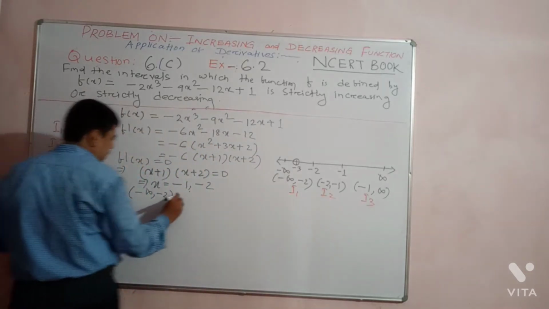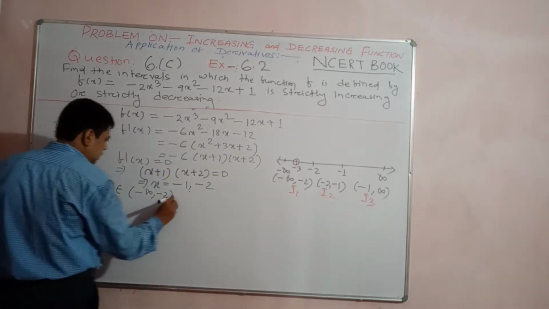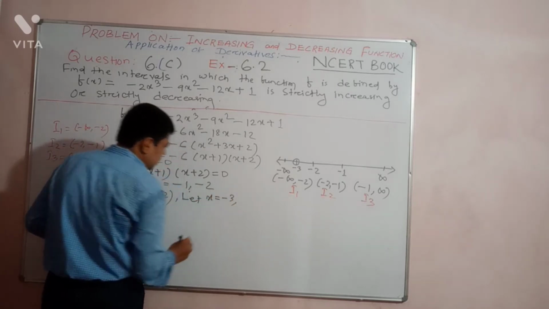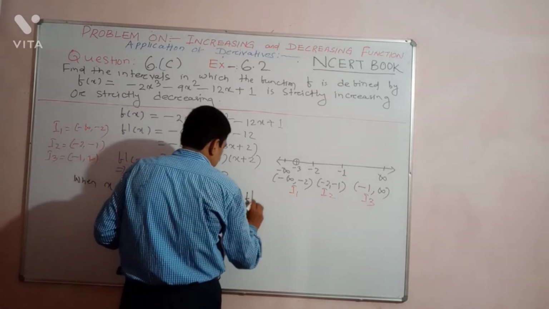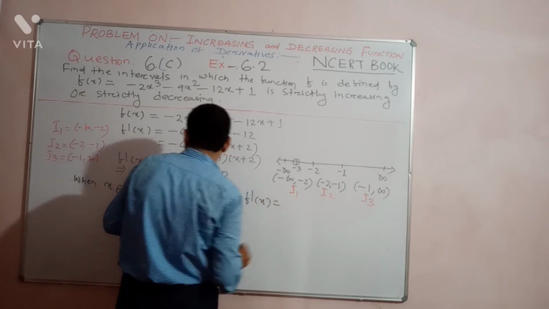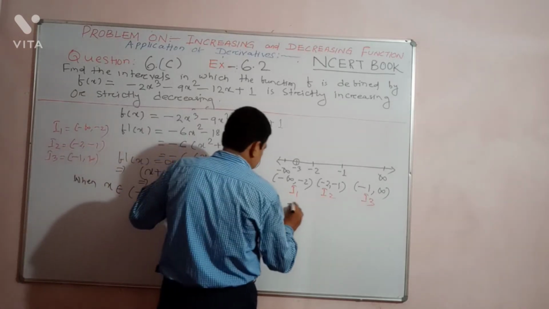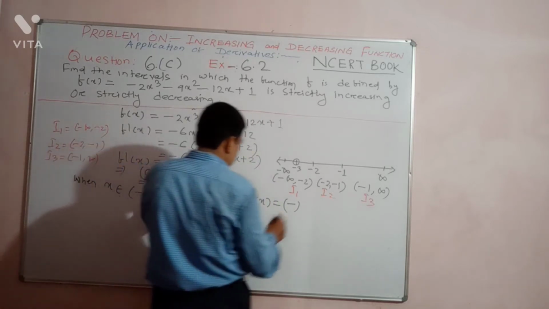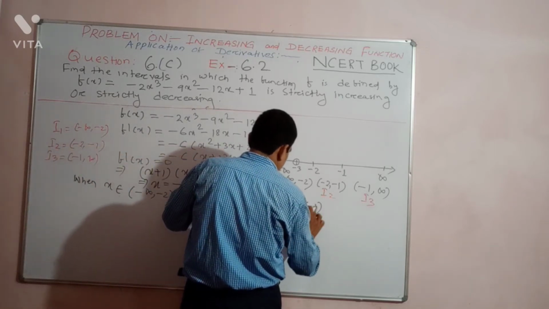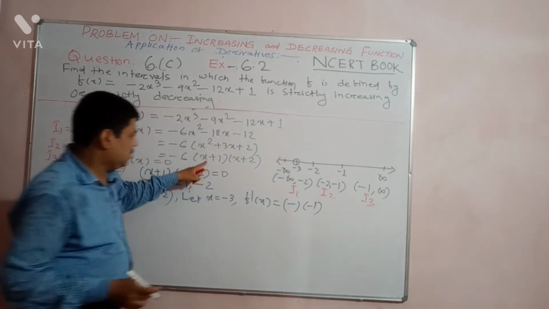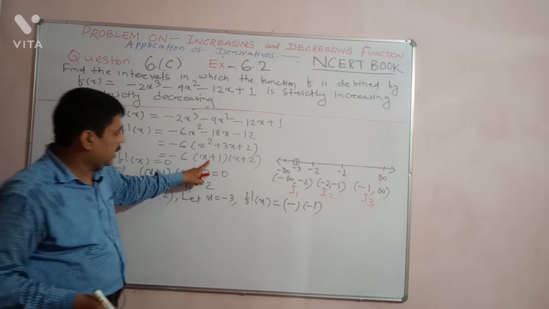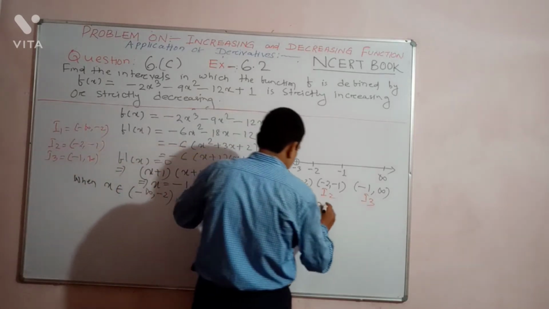Let x = -3. Putting the value, the slope of the function: this sign is negative, and x + 1 is -3 + 1 = -2, negative, and x + 2 is -3 + 2, also negative.